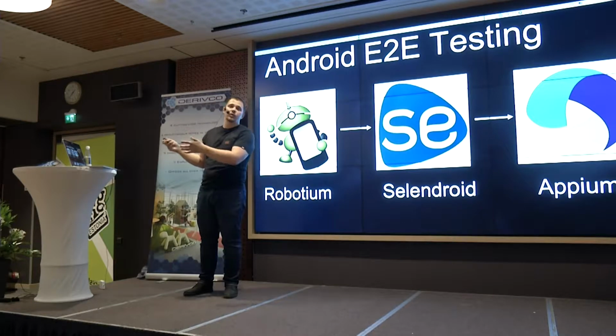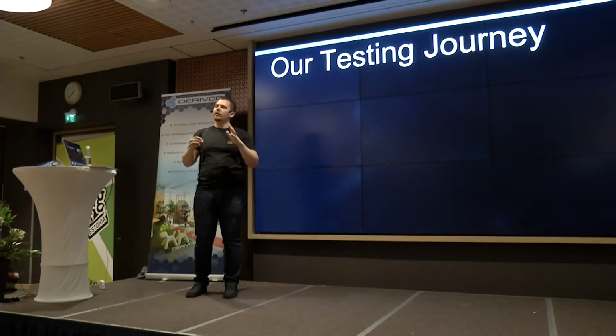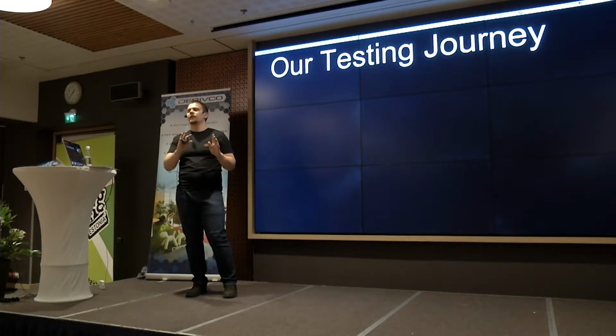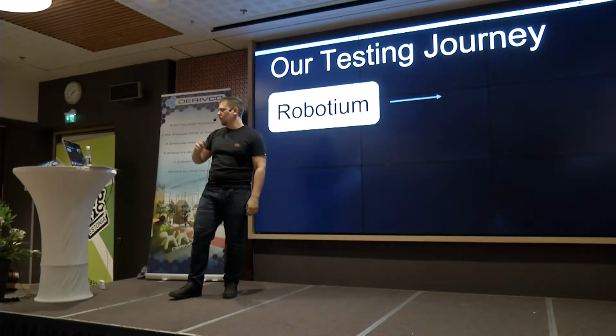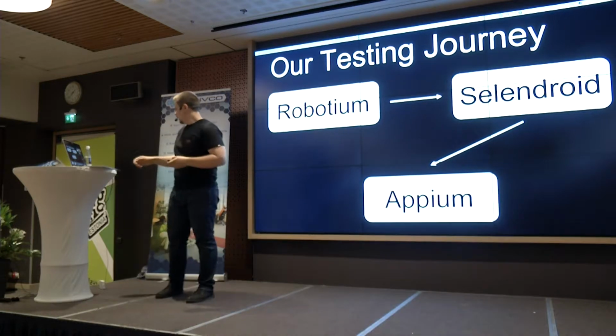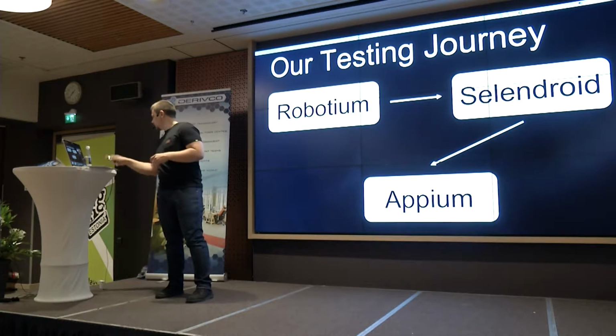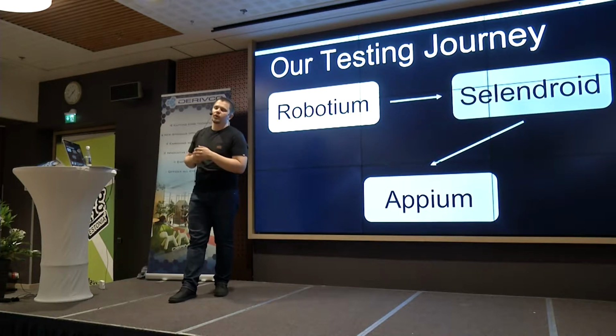And this is where our journey will end, hopefully. So again, I really like that conceptual mapping that we will be using as an agenda today. We'll start with Robotium, go to Cell Android, and end up in Appium. Okay, so let me see, we're good. All right, so let's get started with the first step, and the first step is obviously Robotium.